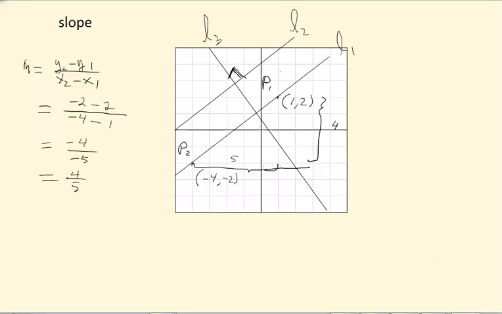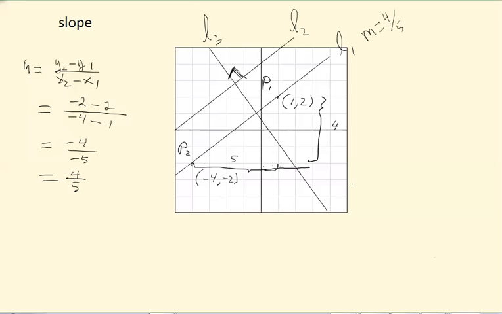What's unique about this situation is that slopes of perpendicular lines are negative reciprocals of each other. So for instance, in this case, we have the slope for line 1. We already calculated that is 4 over 5.